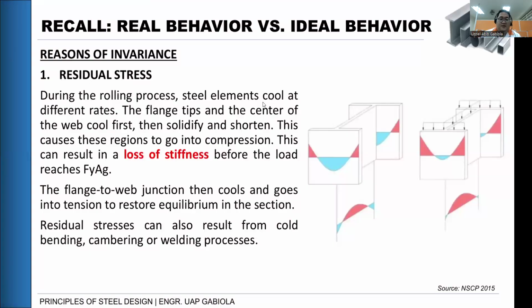One of these is residual stress, which reduces the stiffness and the load carrying capacity of our column. When the shape is cast or formed, the parts of our section do not cool down simultaneously. When the shape solidifies, the portion at the intersection of the web and flange develops later, and that causes a decrease in the capacity of our section.